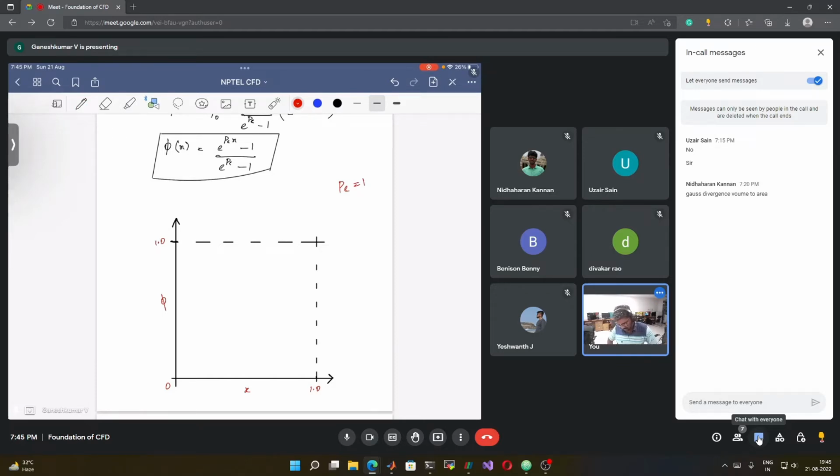We know that the boundary here is 0, so the curve starts from here, and at x equal to 1 we know that phi is equal to 1, so the curve ends here. So in between, it can be like this, like this, or like this also. How do you expect it to happen? What happens if Peclet number is 1?